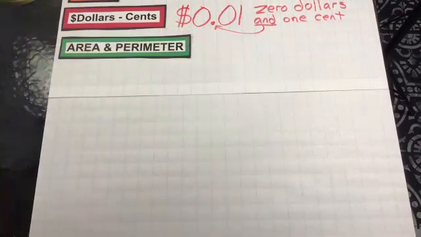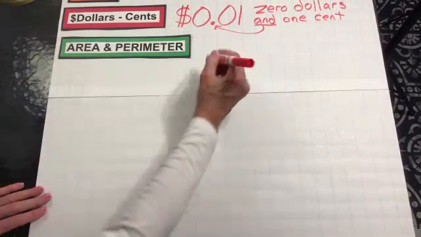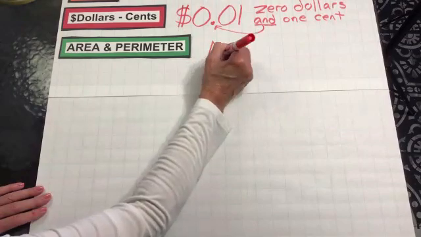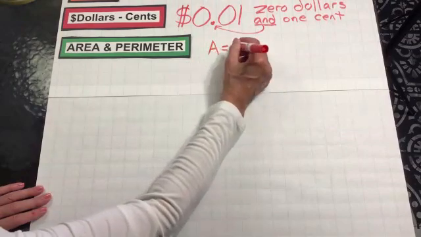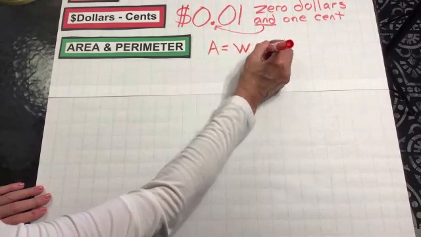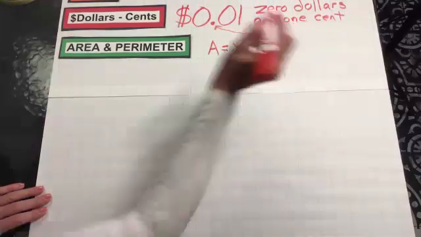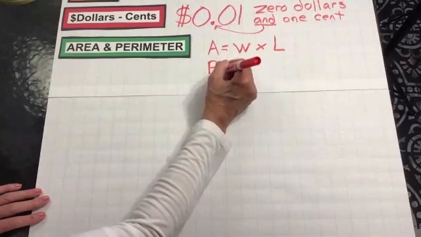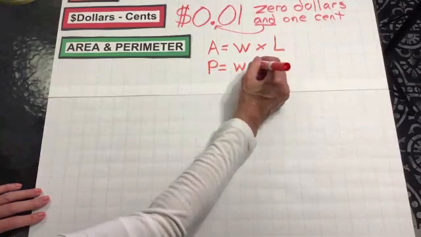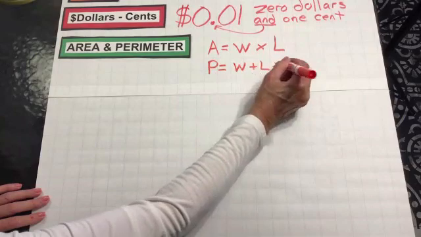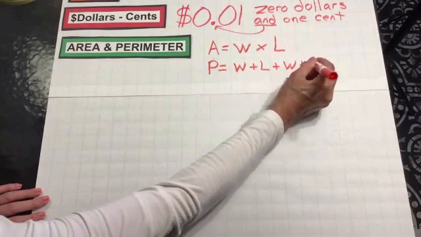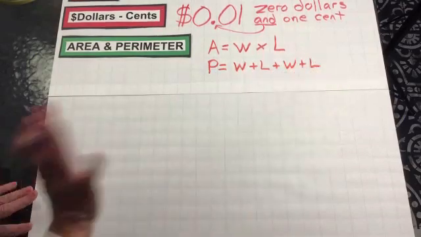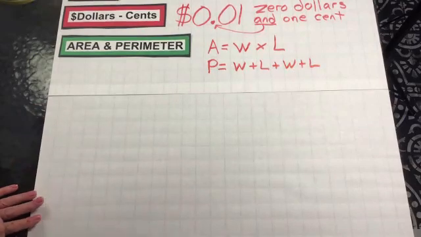And area is, I'll write A here, equal to width times length. Perimeter is equal to width plus length plus width plus length. And there's another way to write that, but we're going to do simplest form of addition.